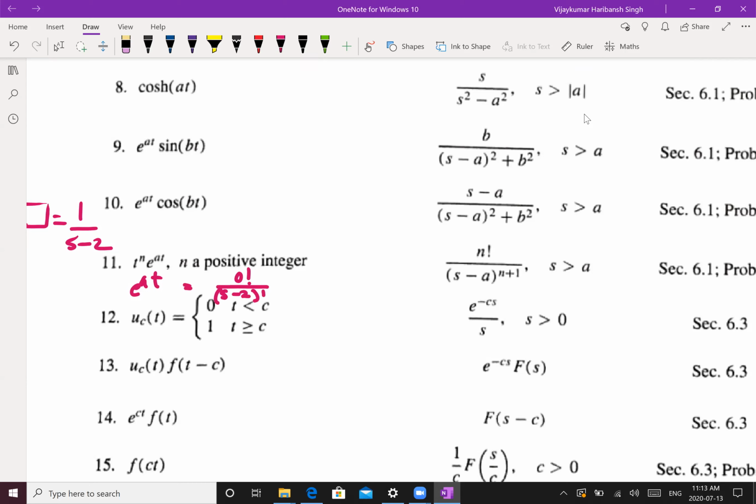So we get that the Laplace transform of e to the power 2t is 1 upon s minus 2. So the Laplace transform of e to the power 2t evaluated at s is going to be 1 over s minus 2.